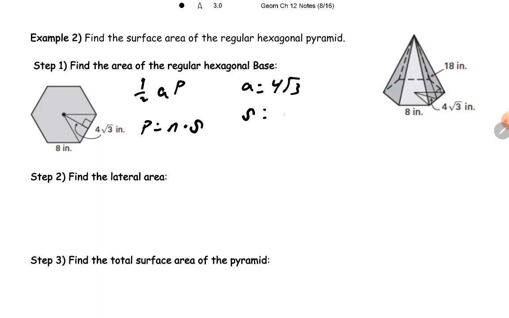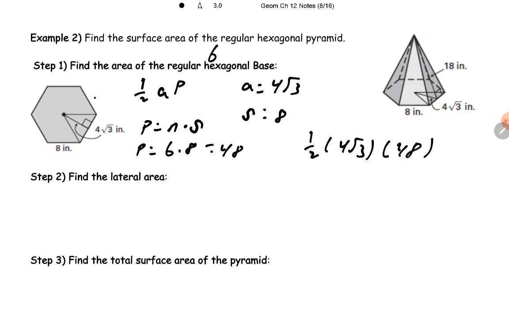So S is 8, and then we have a 1, 2, 3, 4, 5, 6 sided. So this is hexagonal. Oh yeah, hexagon is 6. So the perimeter is 6 times 8, which is 48. So the area of my hexagonal base is 1/2, apothem is 4 root 3, times 48. So this will be 96 times the square root of 3.